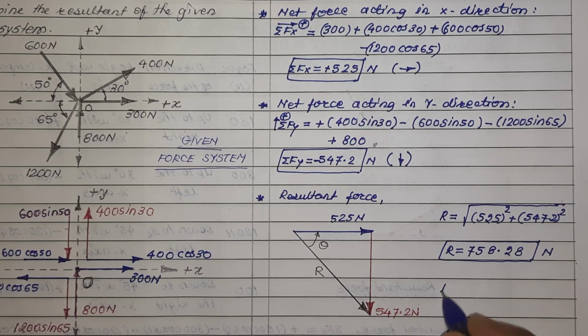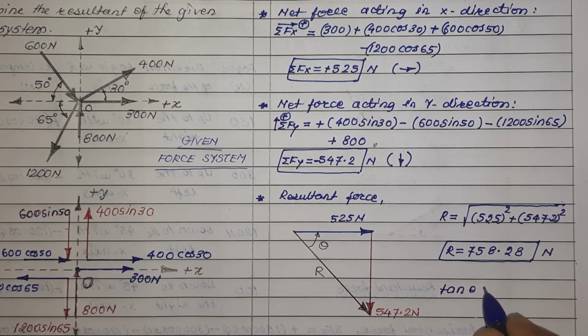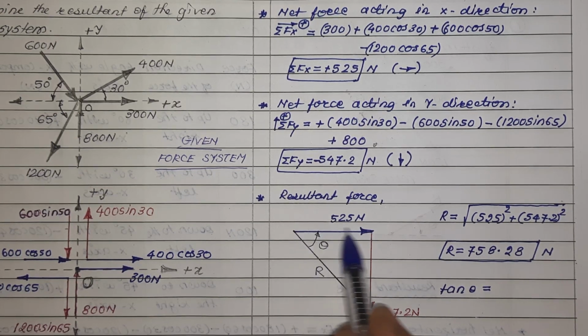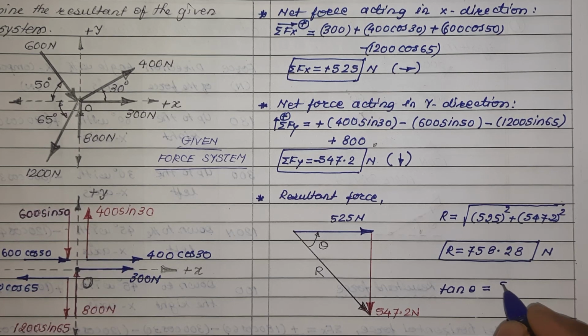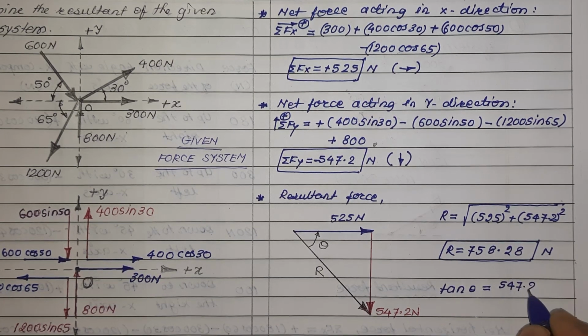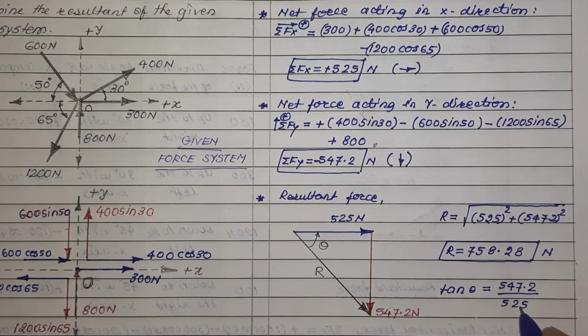Now we want to find out theta, hence tan theta is equal to opposite upon adjacent. Opposite is 547.2 and adjacent is 525. Solving this, we will be getting value of theta.